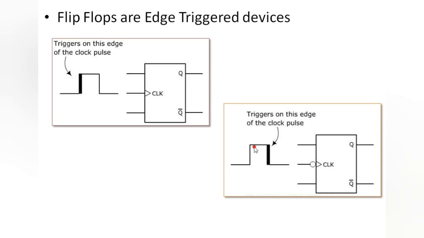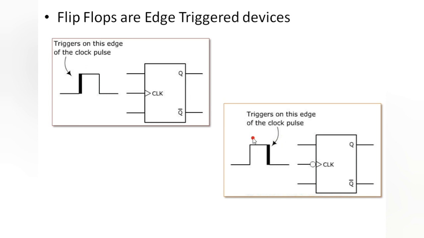If you observe here, this is high, this is low, so it goes from high to low. It is called negative edge triggering. This is called a positive edge because it is low to high, and this is high to low, so negative edge. Two types of triggering.